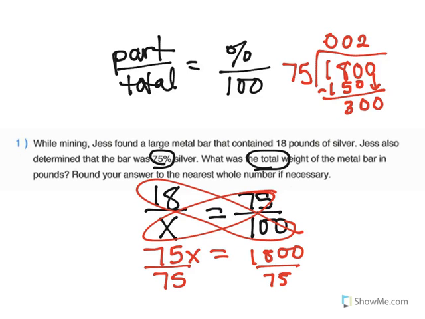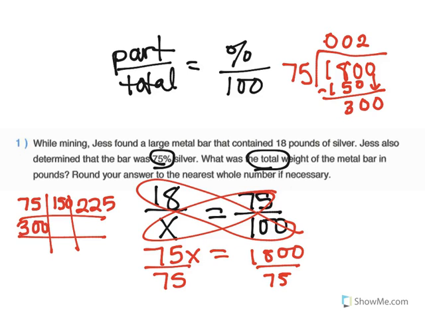So if I just think about my multiples of 75, I know I have 75, then 150, then 75 cents would be $2.25, and then $3, or 300. So that's multiplying it times 4. So that means my answer is 24.